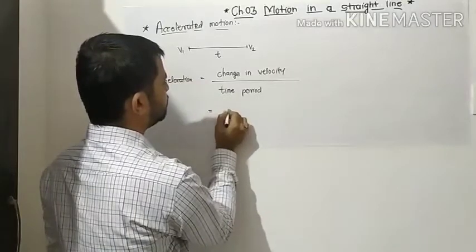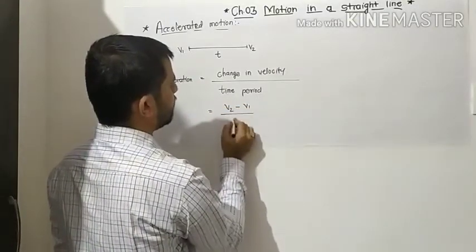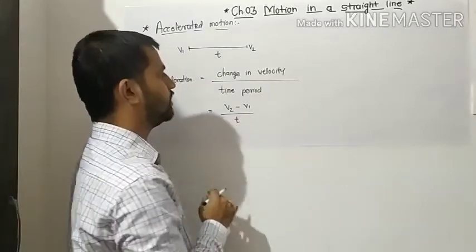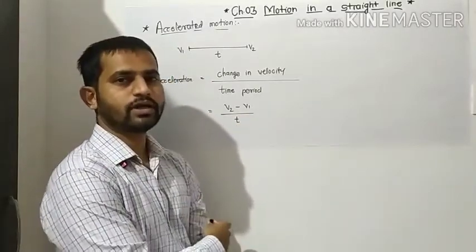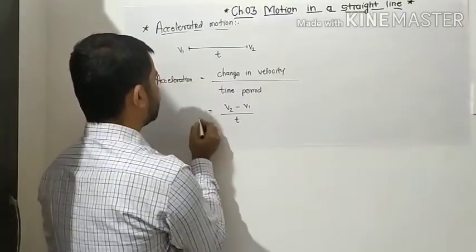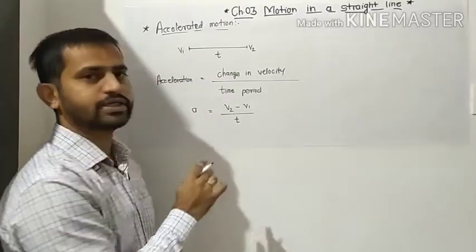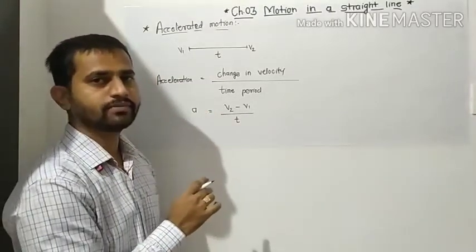So here, what is the change in velocity? v2 minus v1 upon time t. So the acceleration a is equal to (v2 minus v1) upon t. The acceleration is given by the symbol a.